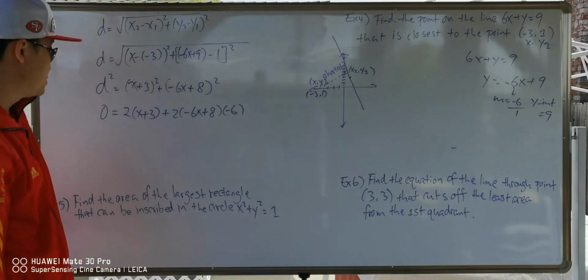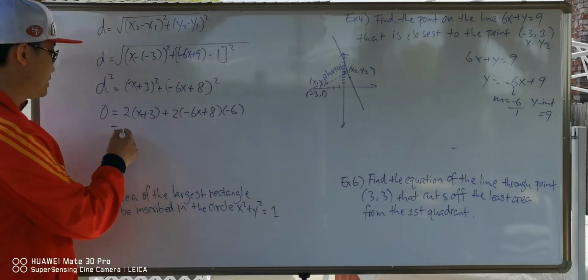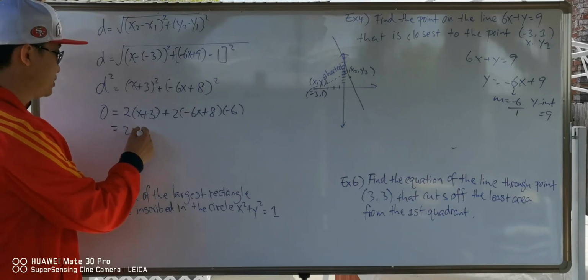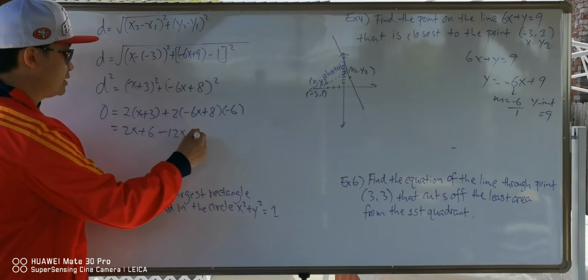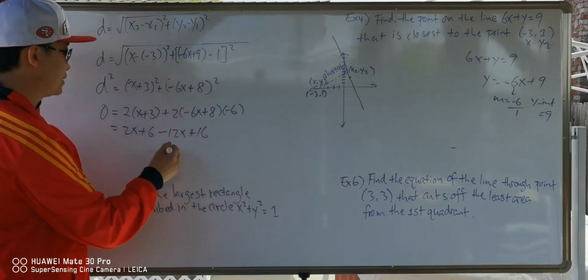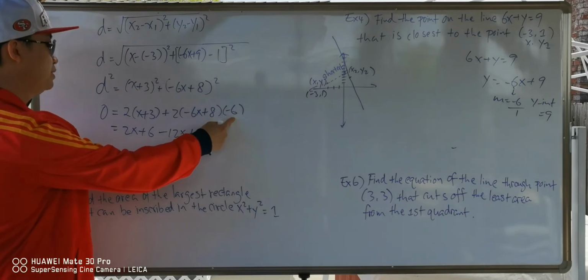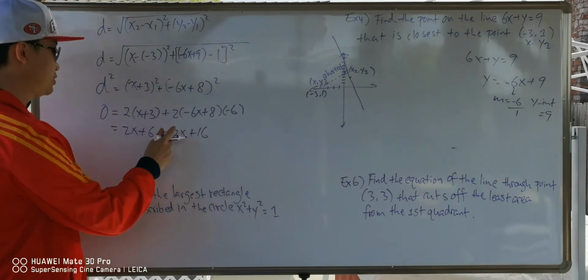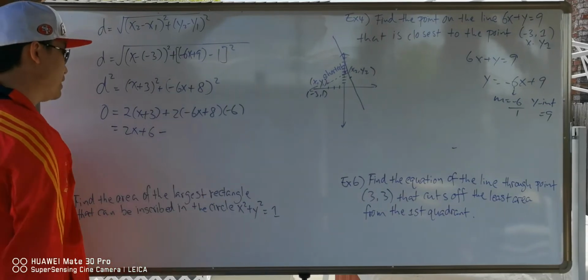So now the rest of this, we just want to solve for x. So multiply everything out, and then combine the like terms. So we do have 2x plus 6, minus 12x plus 16. Okay, so this one, got to be careful. There's a negative 6 right here. So actually we do have negative 6 times 2. So that's negative 12 times negative 6.